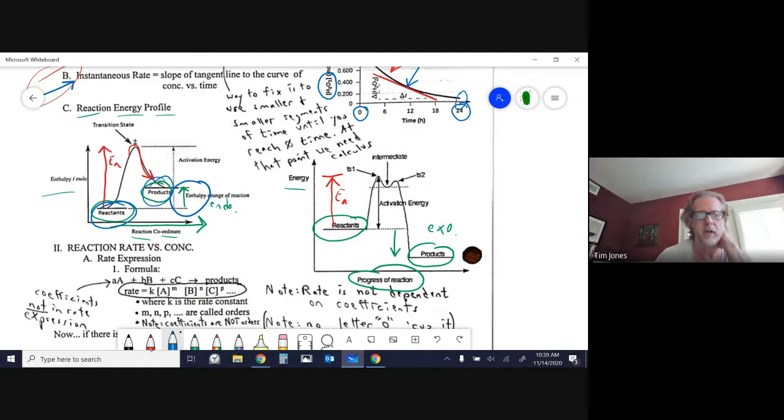What the hill looks like, whether the hill has one hump like on the left or two humps like on the right or 50 humps, it doesn't matter. All delta H cares about is where you start and where you end. In many ways, that's another way of saying Hess's law. It doesn't matter how you get there, the energy will be the same.